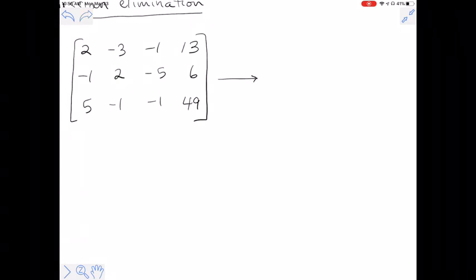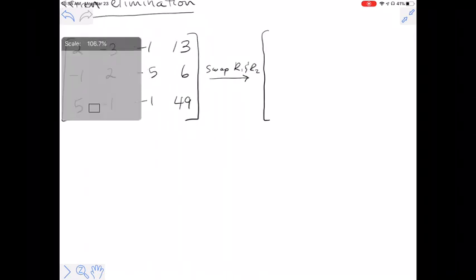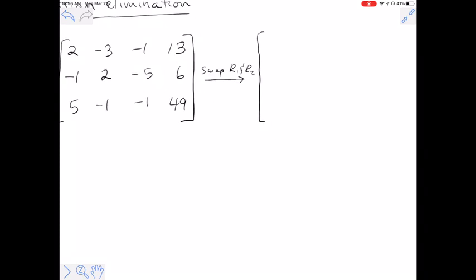My first row operation is I'm going to swap row 1 and row 2. So row 1 is going to become this middle row here, and then row 2 is going to become that one there. And I didn't do anything to row 3.